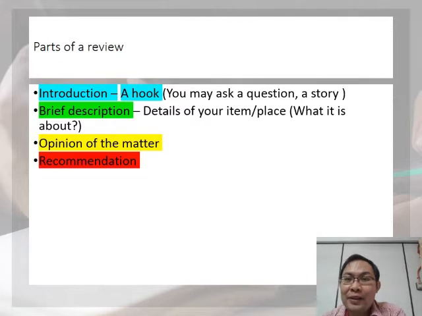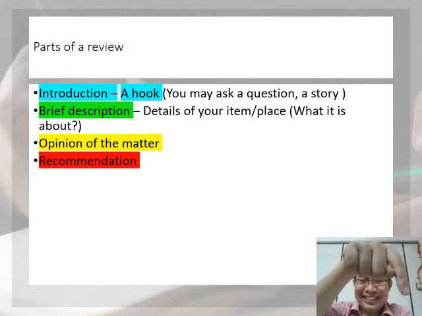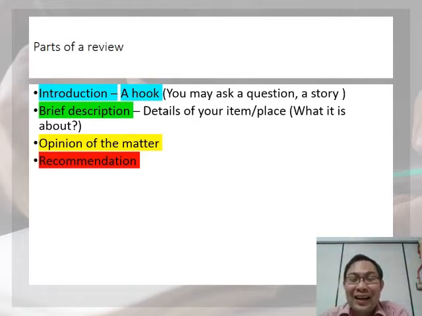I will explain bit by bit what these parts of the review are. Have you finished? If not, you can hit the pause button and write down the notes.